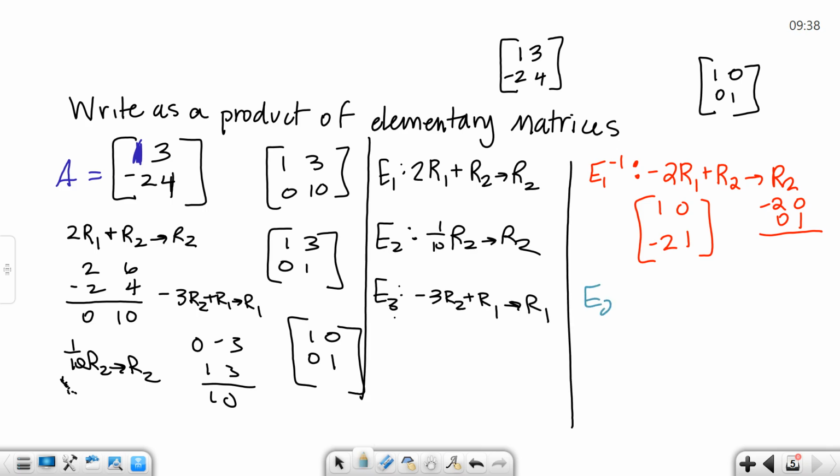So E2 inverse, the inverse of 1/10 would be 10. Okay, and so I'm going back to the identity, not the red one, and I'm multiplying row 2 by 10.